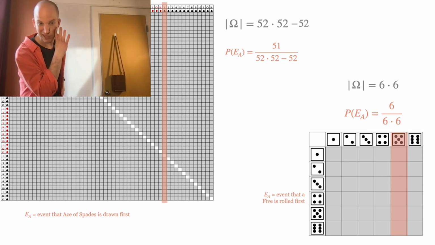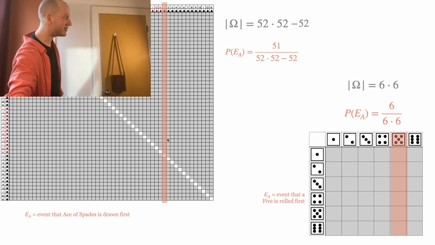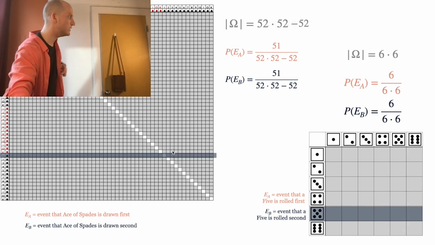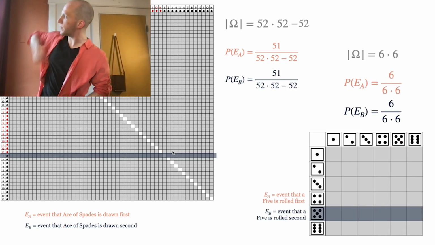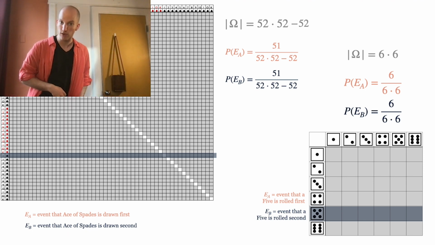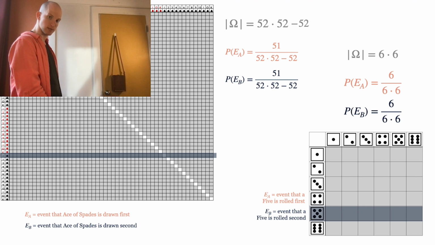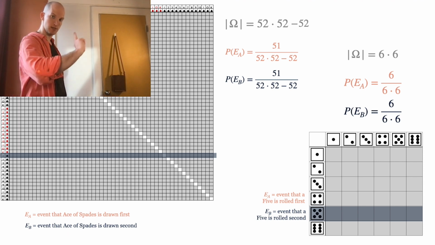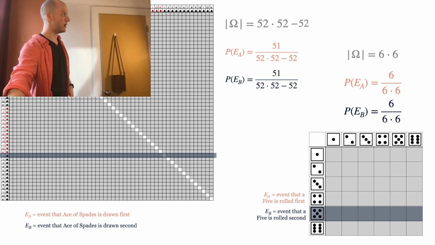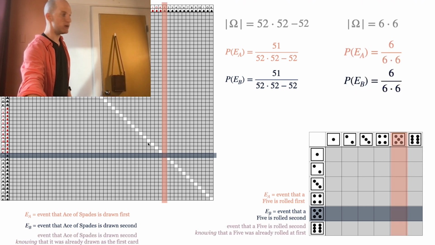It would be 52 possible hands, except again, this diagonal, that one white square gets taken out. So there's only 51. And similarly, if I was interested in the probability of drawing an ace of spades as the second card in my hand, well, it's going to be the exact same calculation. There's 51 possible hands that have an ace of spades as the second card. Very good. So far, the deck of cards and the dice looking pretty similar.